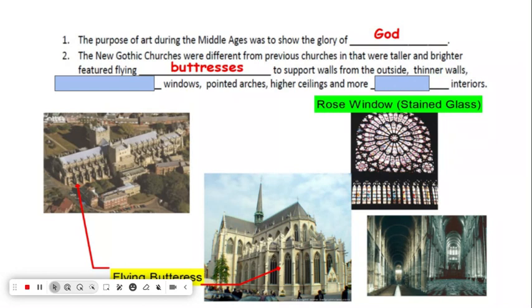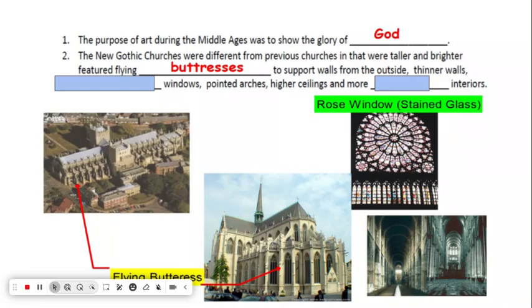But what it allows for are much taller walls. Churches that were once maybe only a few stories tall now can be 5, 6, 7 stories tall and much larger on the inside. It's not going to be a cramped, darkened space.